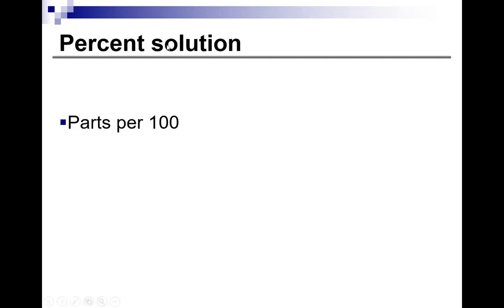If you were trying to figure out your percent in this class, you take the points that you have received out of the total points times 100, that equals your percent. So percent solution is parts per 100.